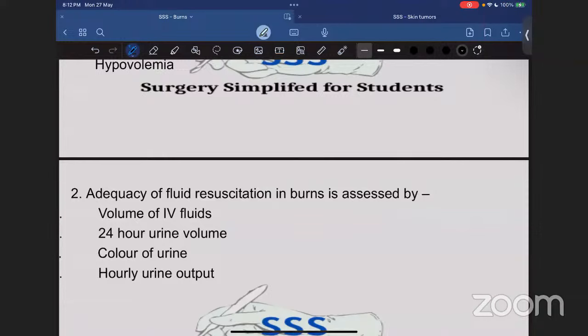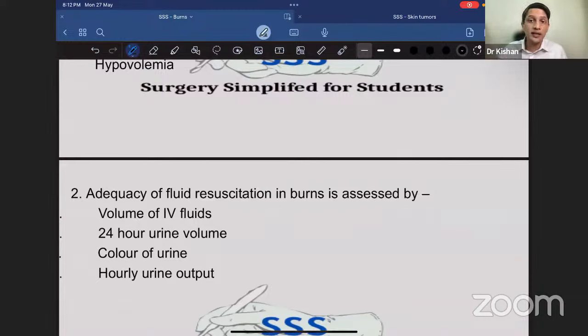It is 0.5 to 1 ml per kg of body weight per hour. Excellent. In case of electrical burns, keep it on the higher side, 1 to 2 ml per kg per hour, because you need to flush out myoglobin. In electrical injury, it slightly differs. Otherwise, what you have said is right, 0.5 to 1 ml. Good. Okay, next question.